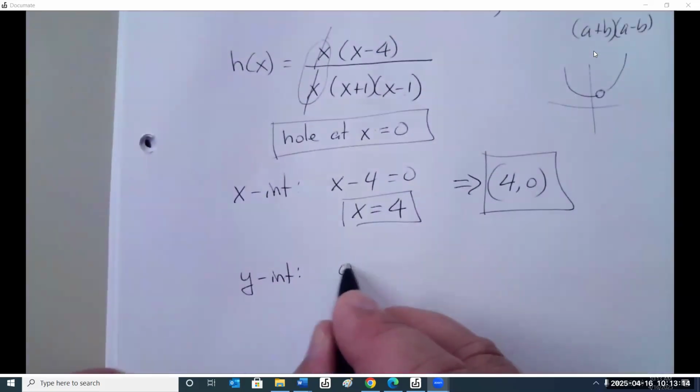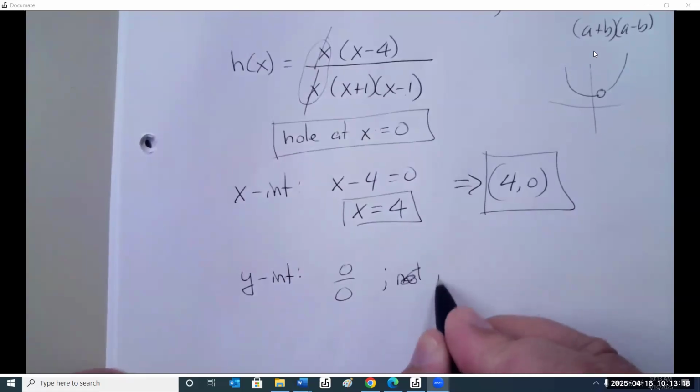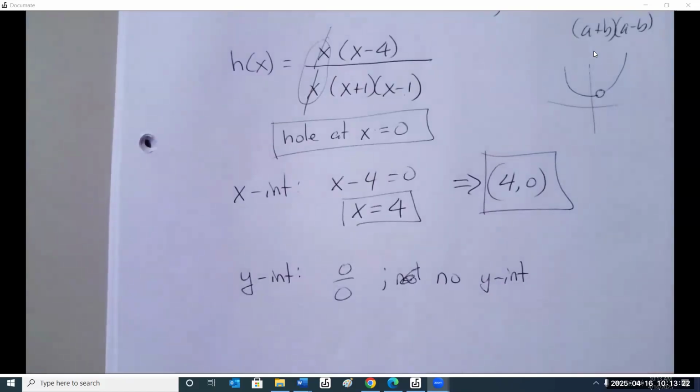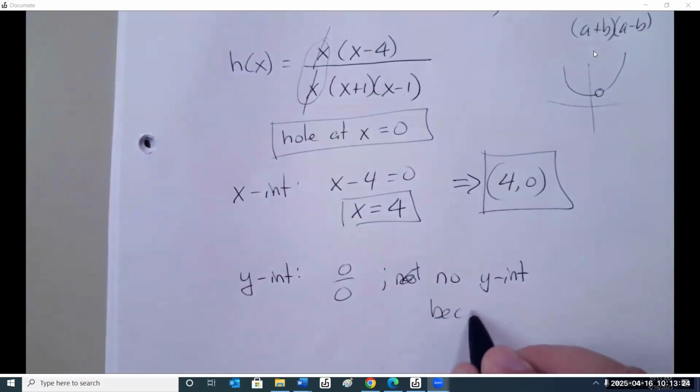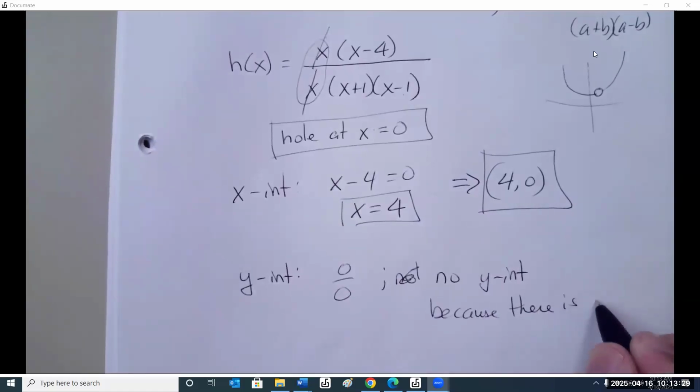What we have is 0 over 0. There's no y-intercept. Well, why not? Because there is a hole when x equals 0.